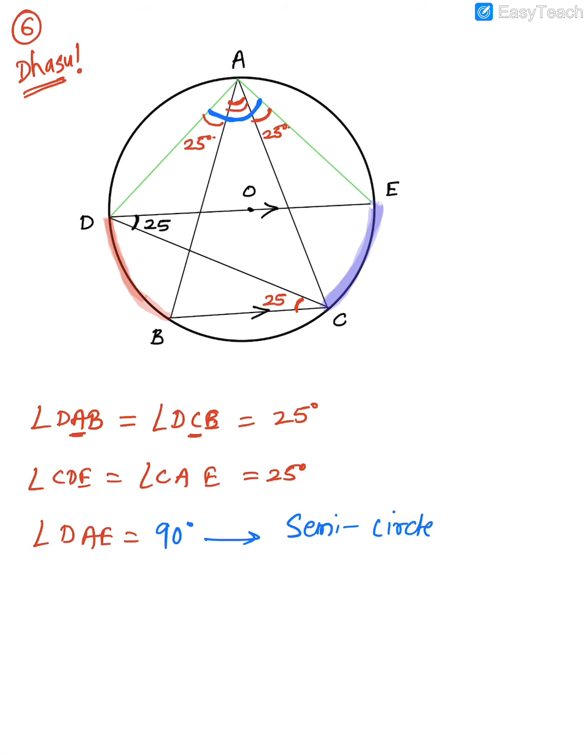So you'll get that as 90 degree. Okay, now once you get this full angle is 90 degree, I think you can find out this small part of it. Out of 90 you will subtract this 25, then this 25, and what are you left with now? 90 minus 50, 40 degree. So 40 degree is your answer, guys.